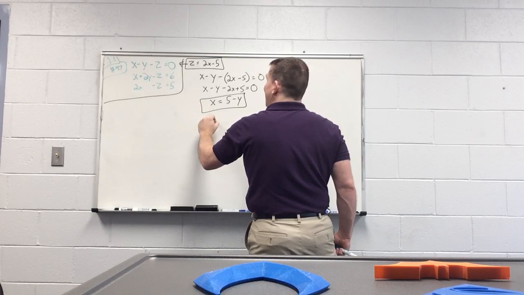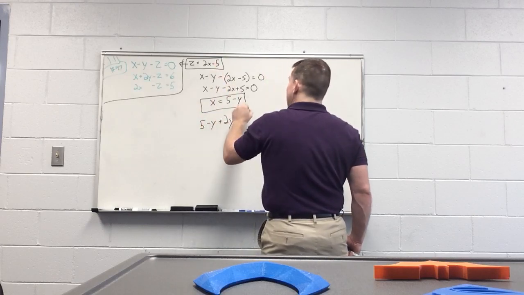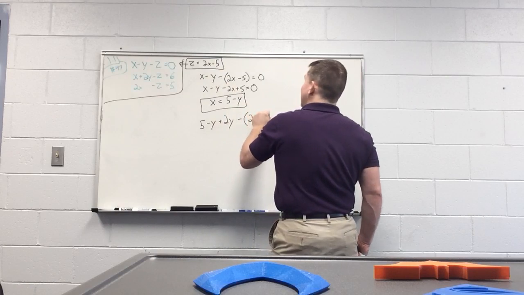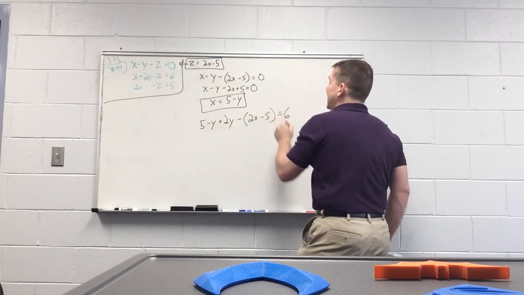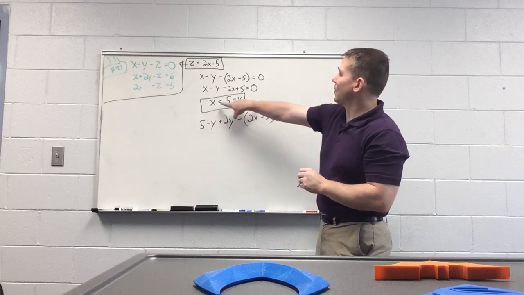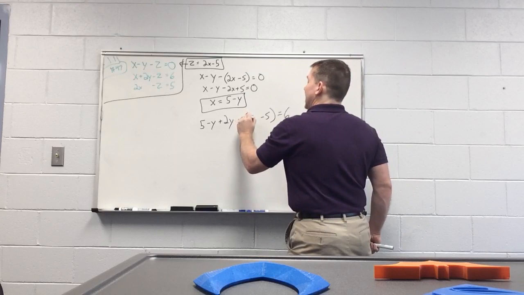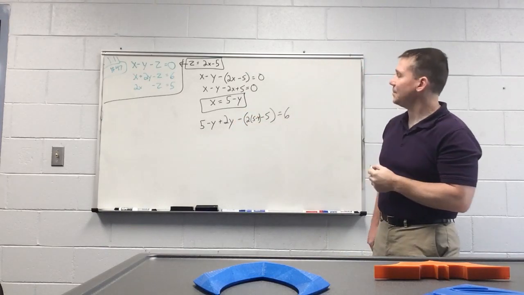I'm sorry, I was looking at the wrong one. x, which is 5 minus y, plus 2y, minus z, which is 2x minus 5, equals 6. But then again, I want to solve this all for y, so replace x with 5 minus y. And I get 2 times 5 minus y minus 5.